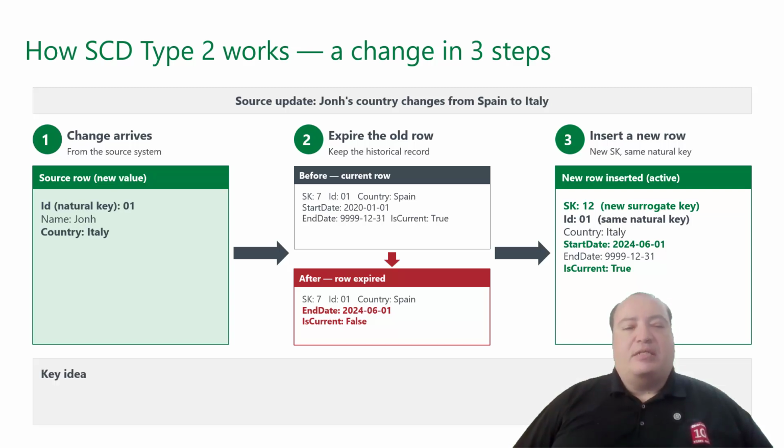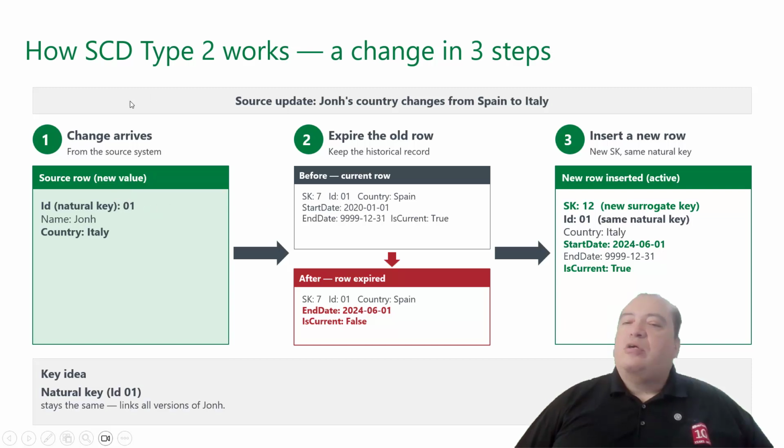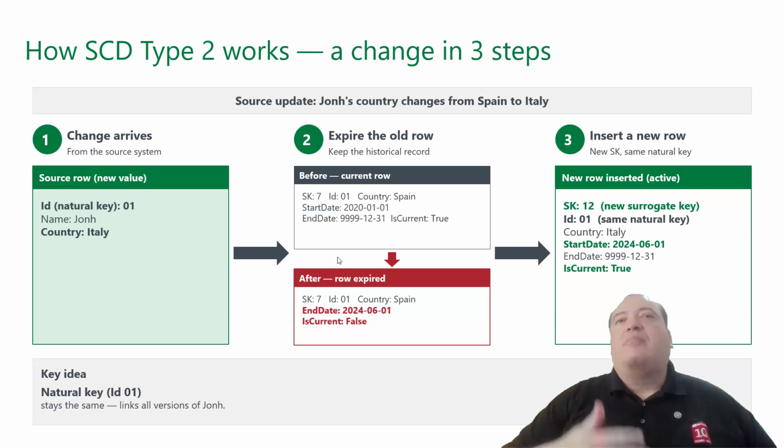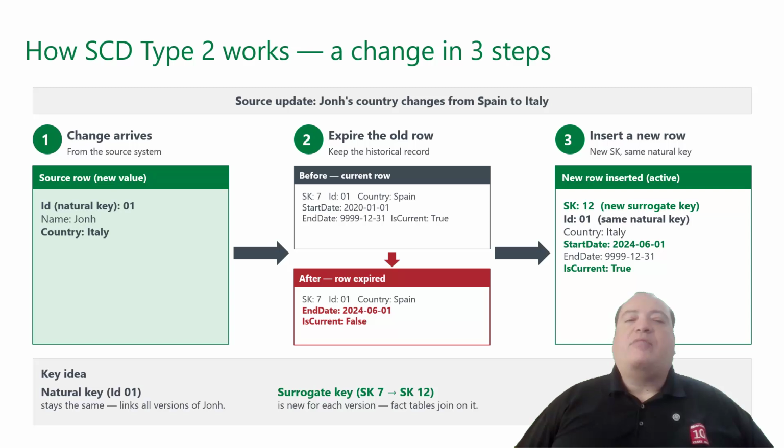And about the keys, mind the keys being used in the records. We have a natural key, 01, which comes from production and is carried on throughout the records. It's always the same. In this way, all the tables can link to this customer independent of the version of the record. And we have a surrogate key. The surrogate key is different for each version of the record.